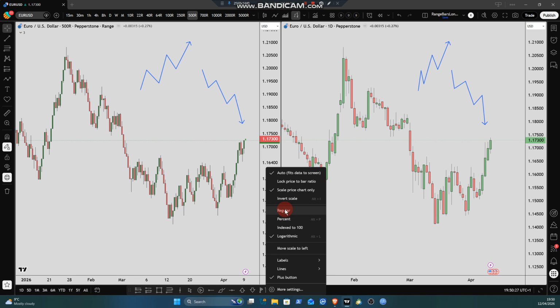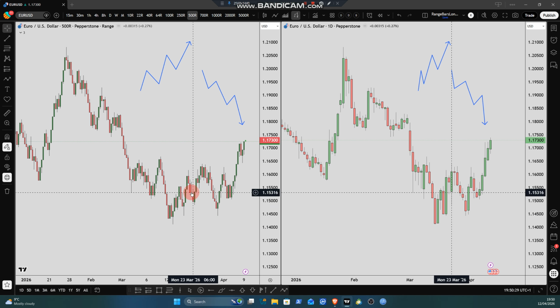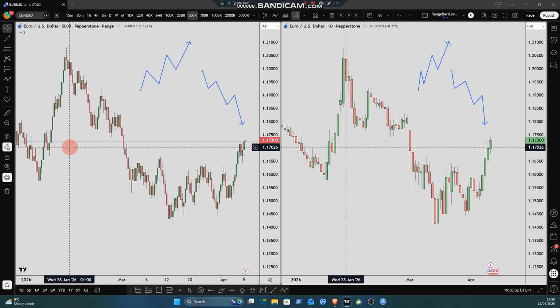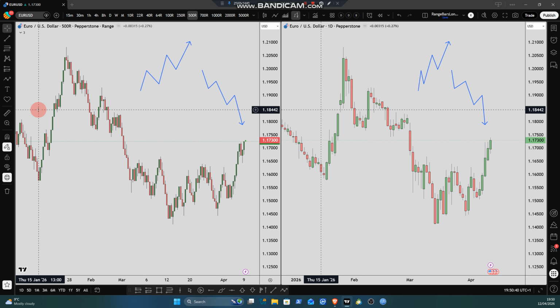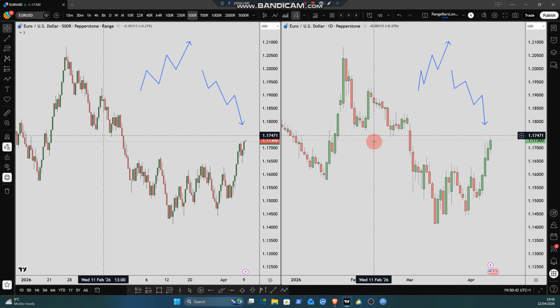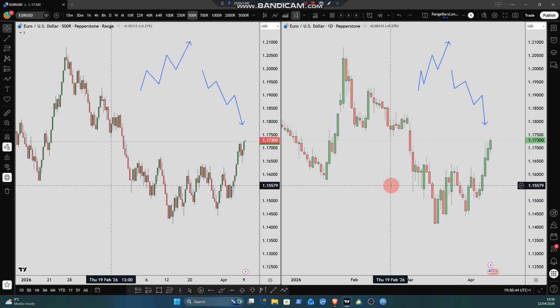Now, of course, if you look at this chart, it only offers you a little piece of information. There are no fair value gaps. There are order blocks, but there are no fair value gaps, and there are no hammers or pin bars. You are not looking at the daily profile in the way that you might traditionally look at it.